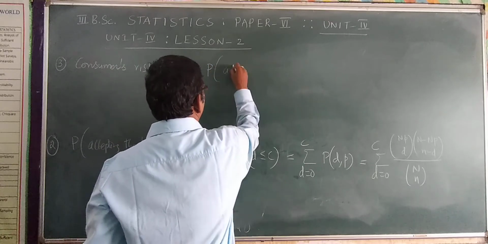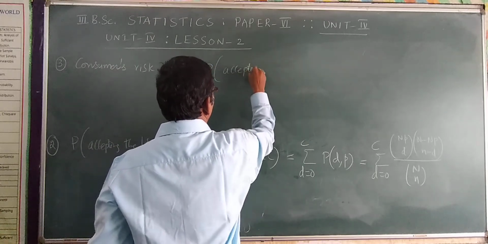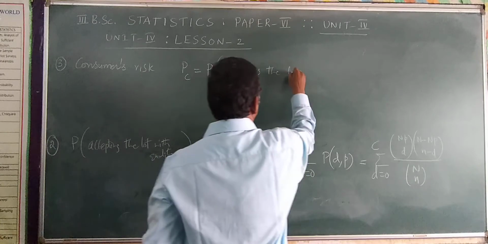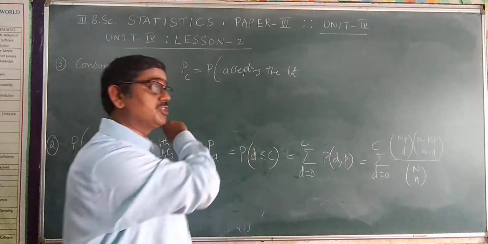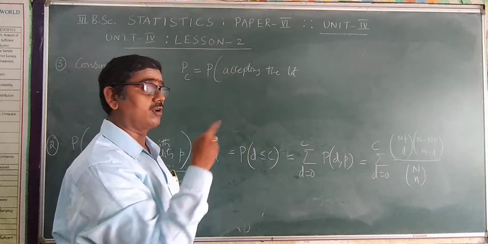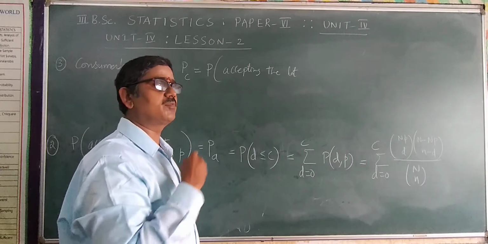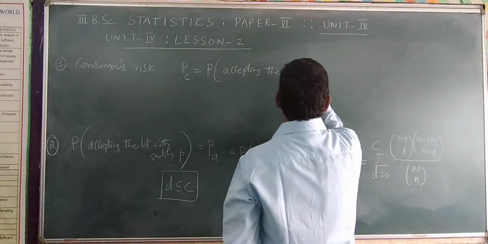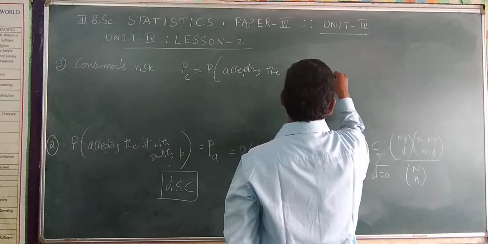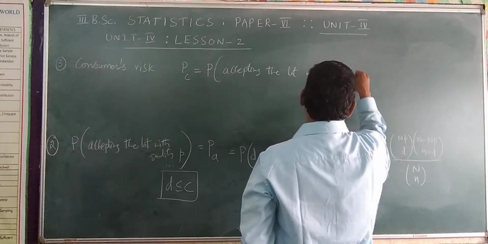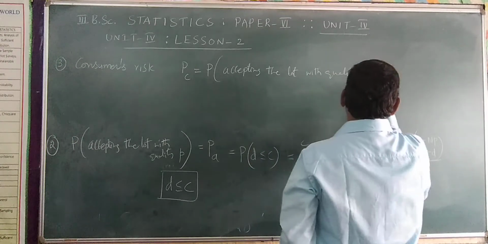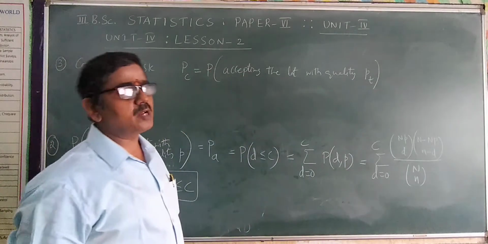So what I am calculating, PC, is going to be calculated by the probability of accepting the lot. Actually, it is the risk of the consumer accepting the bad lot. Probability of accepting the lot with quality small pt. Why have we specified pt?